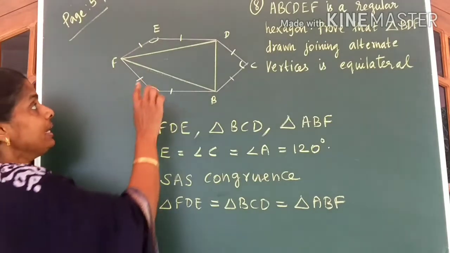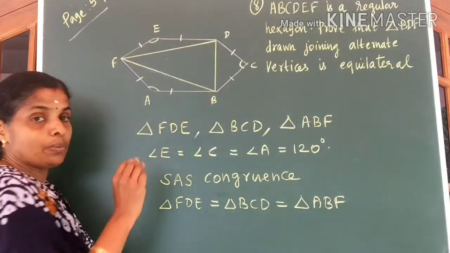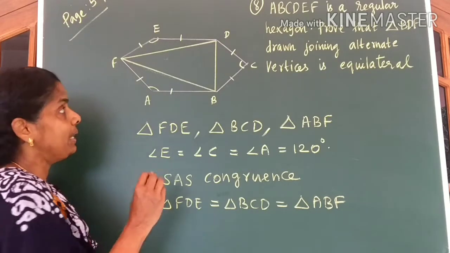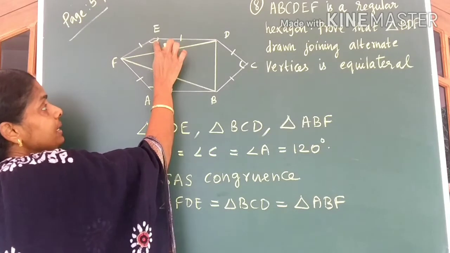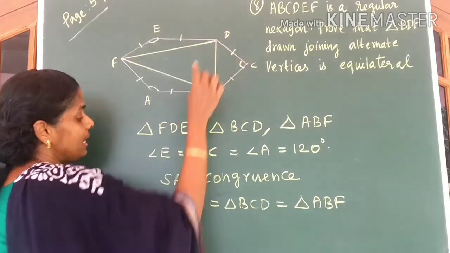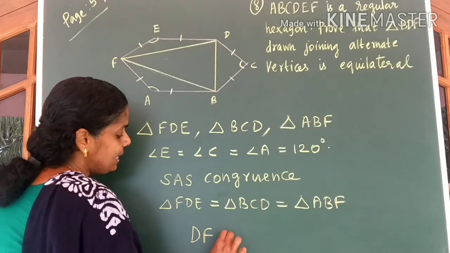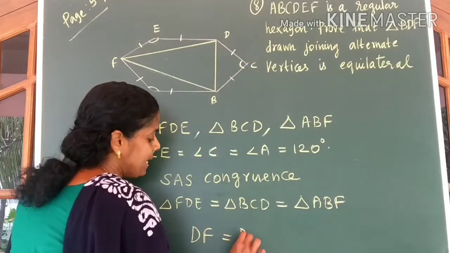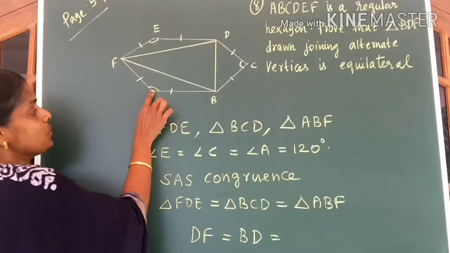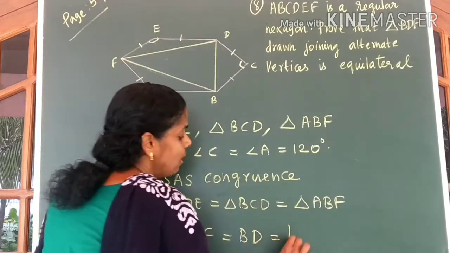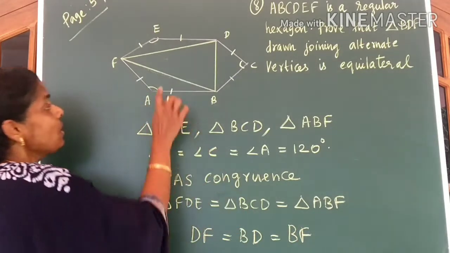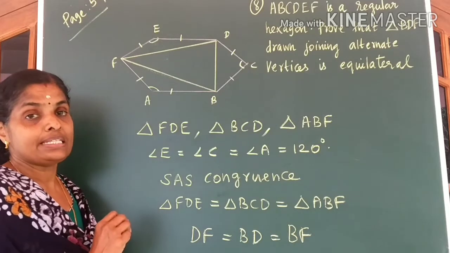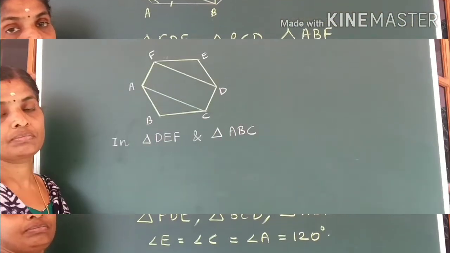Now if triangles are equal, then sides opposite to equal angles are equal. Opposite to angle E, you have the side DF. So we can say DF is equal to, opposite to C we have BD and opposite to A we have BF. All the three sides of BDF are equal. Hence BDF is an equilateral triangle.